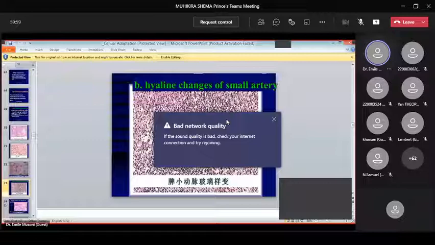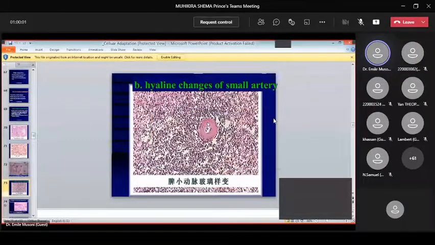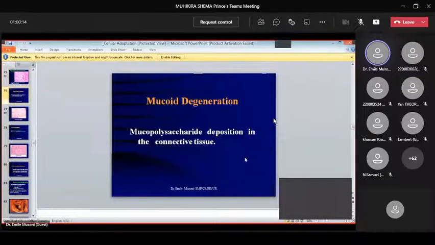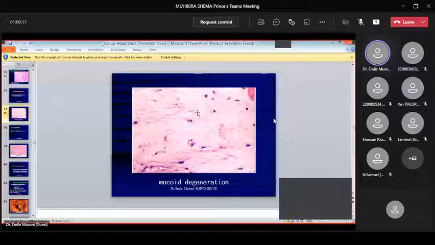So these are extracellular collagenous fibrous tissue. Mucoid degeneration, this one is deposition in the connective tissue. For example, this whitish material is called mucoid.